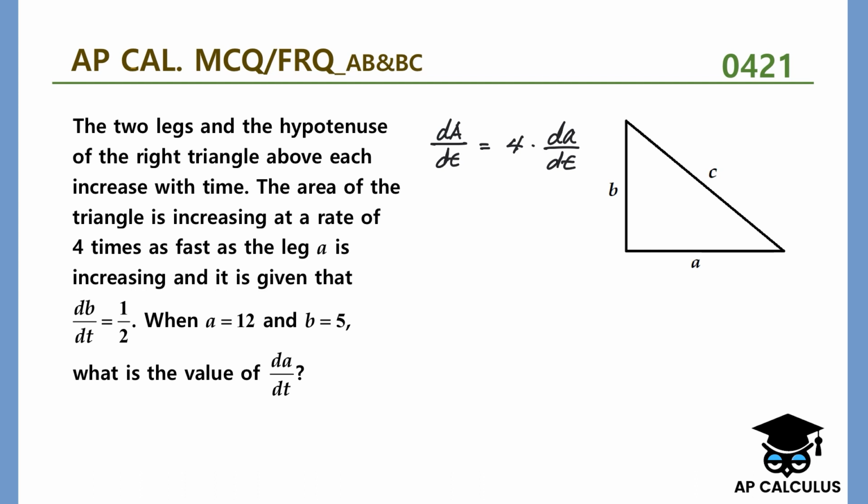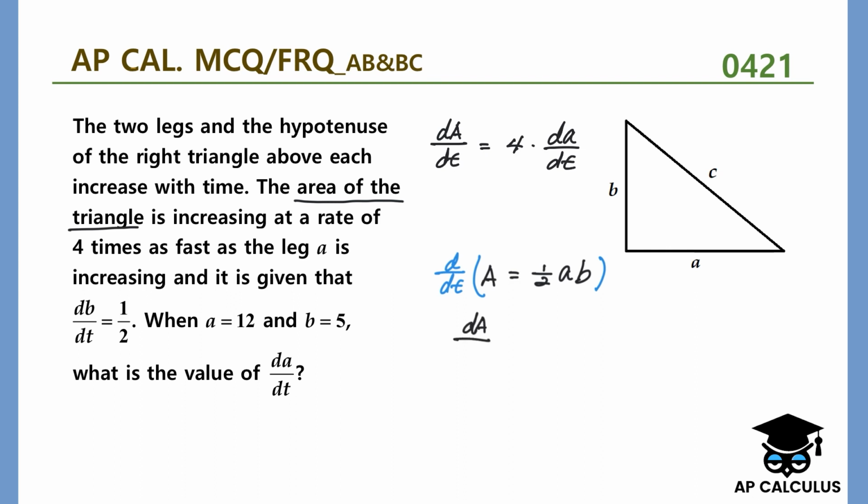Okay, now we're going to have to write the equation, and that equation should be the area of the triangle, right? So area of the triangle is 1/2 times base times the height. And we're going to differentiate this equation with respect to time t. So far so good? Okay.